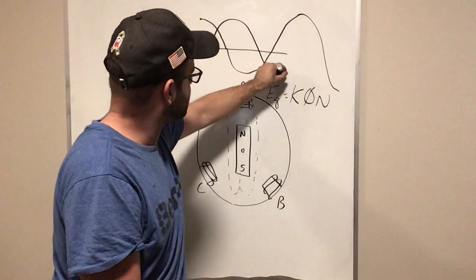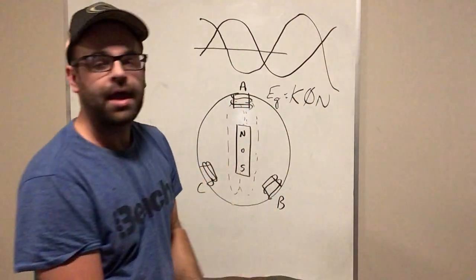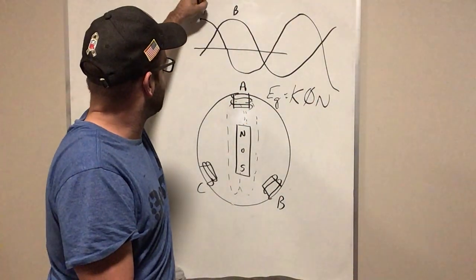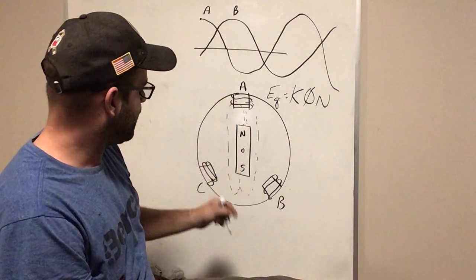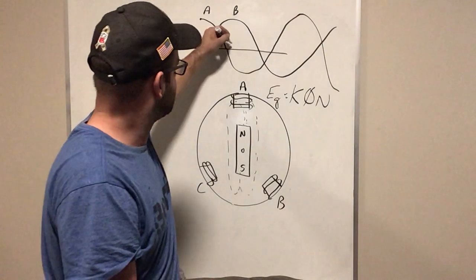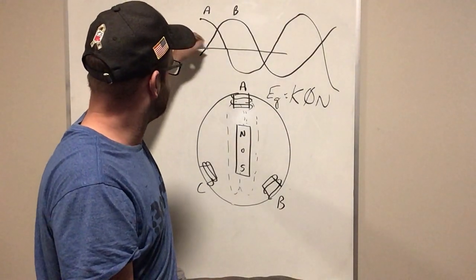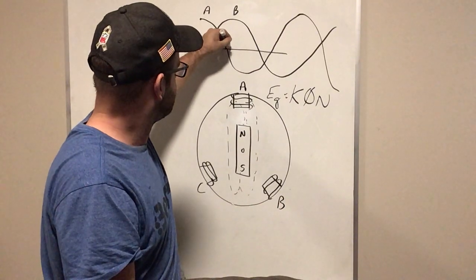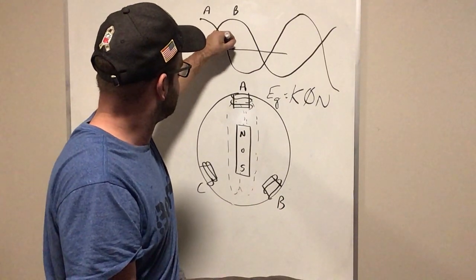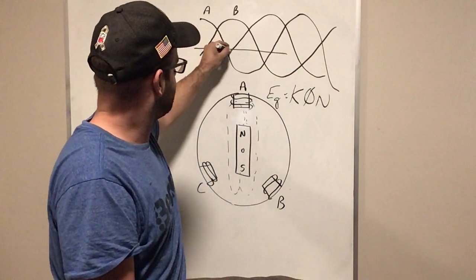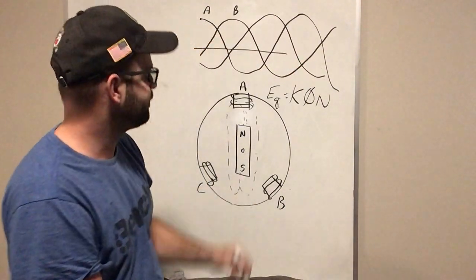We'd end up getting something like that, and that would be B, this would be A, and this one is 120 degrees past this one, so that guy would probably start somewhere around here, and would come back like that.